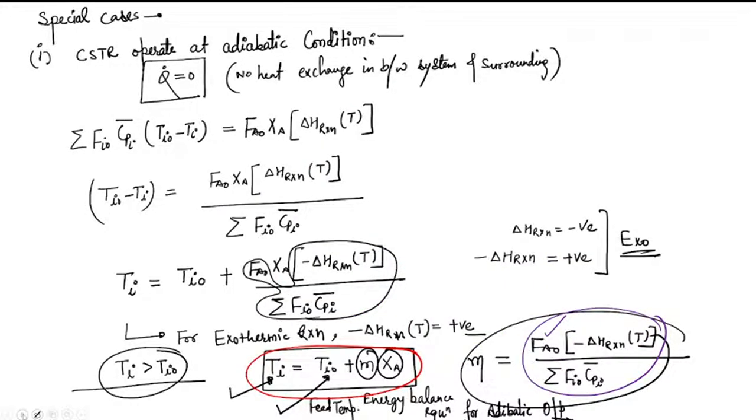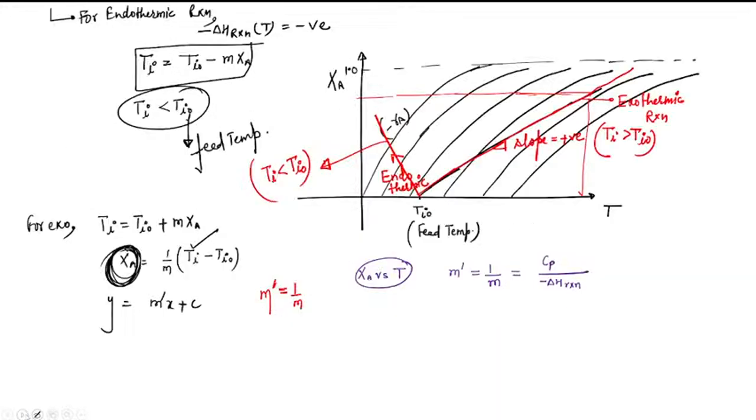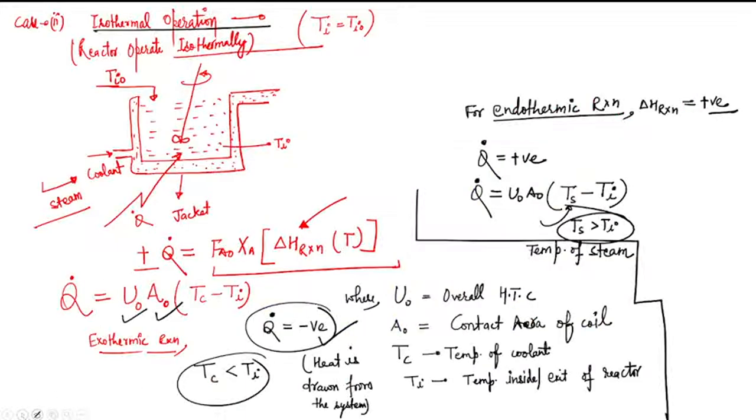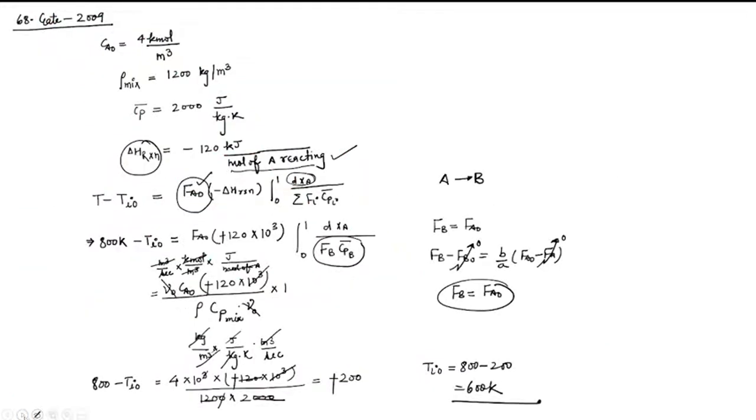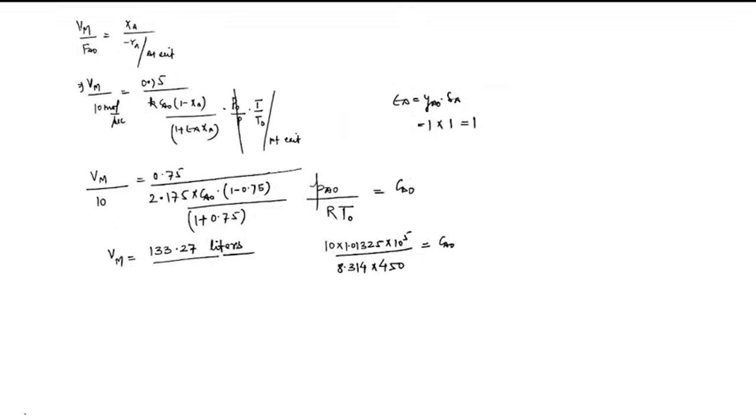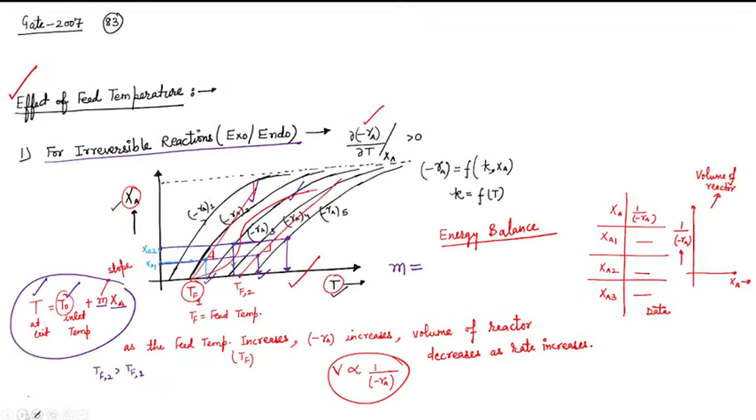So Cp divided by delta HR reaction, this will be the m prime, XA versus T. The same thing here, XA versus T. So that m prime is nothing but Cp divided by minus delta HR reaction.